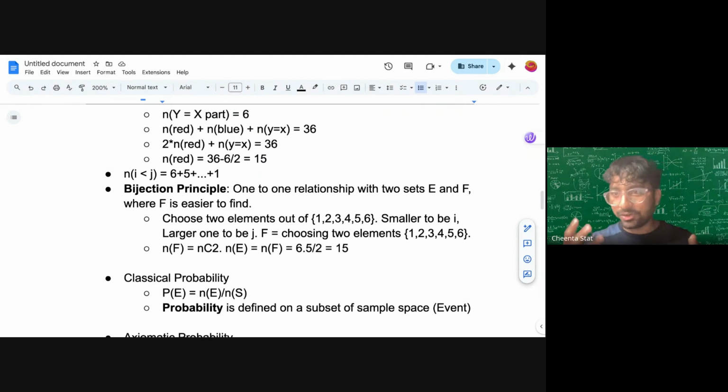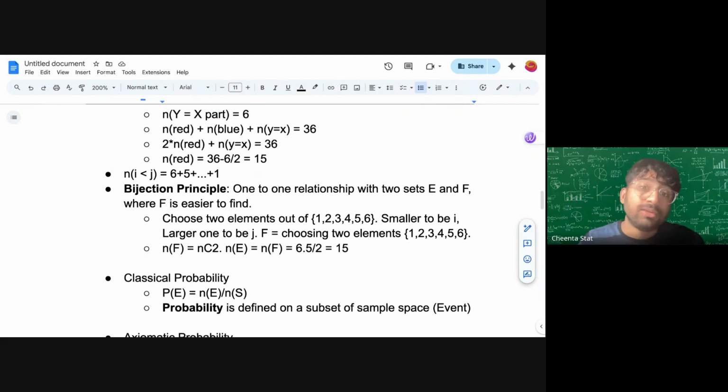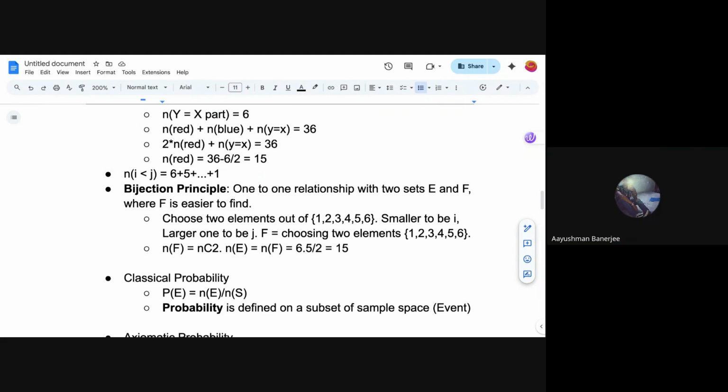When you're choosing, there is no order, right? 5 and 2. Since there is no order, you can assign 2 to the smaller one. So 5 comma 2 is equivalent to 2 comma 5, or rather i comma j, where i is less than j. That's what I mean. There is no order, but you can make it ordered with a condition, and the condition is that i is smaller than j.